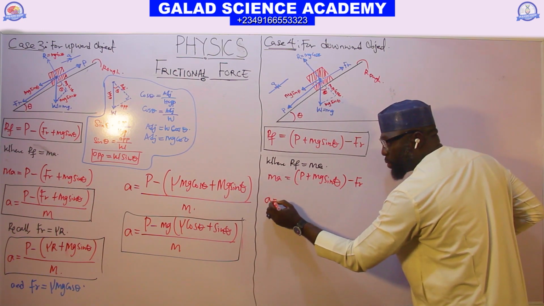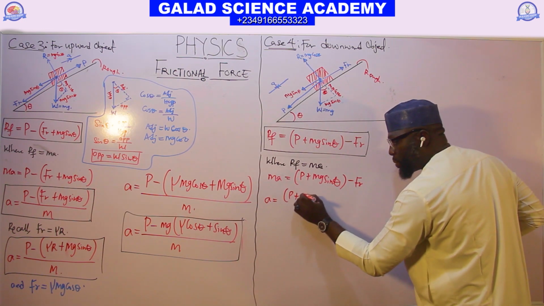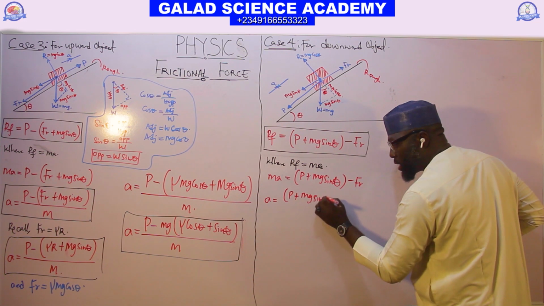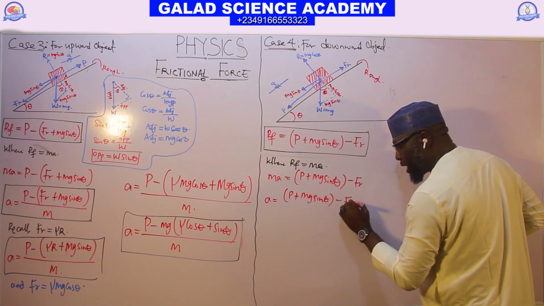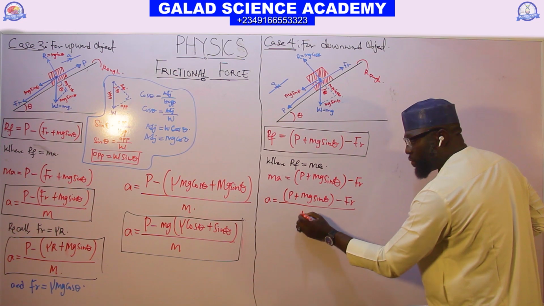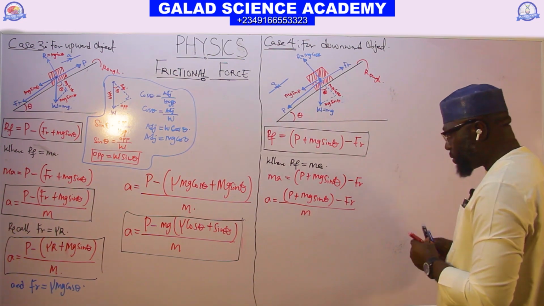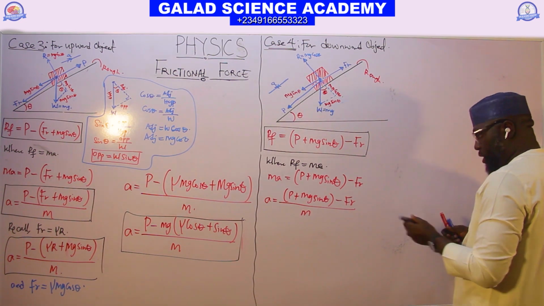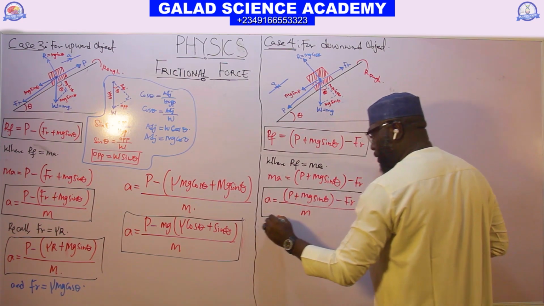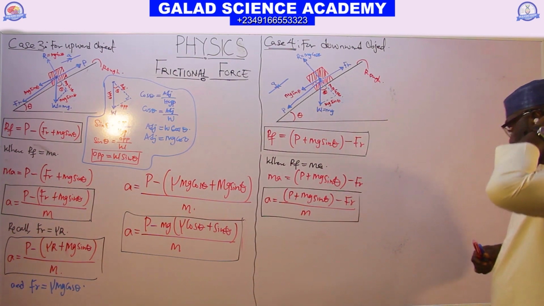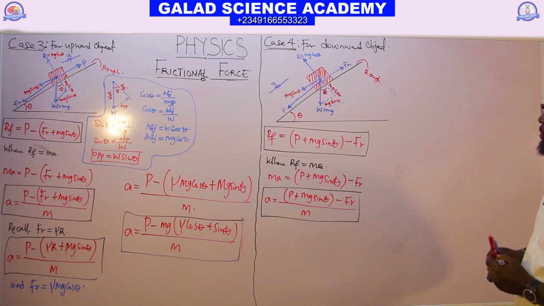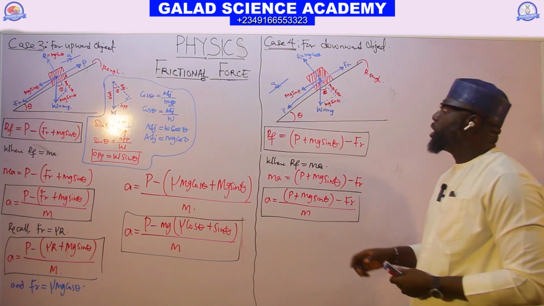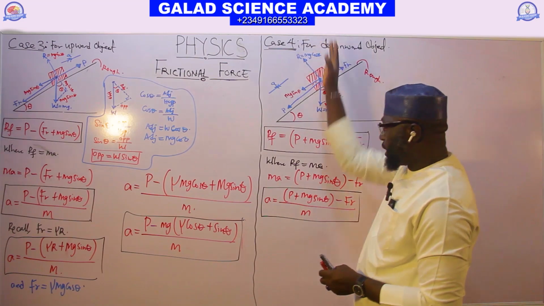Our a will be P plus mg sin theta minus Fr, over m. So this is the acceleration. So this is case 4.